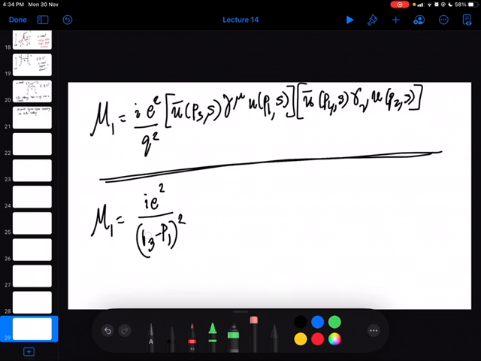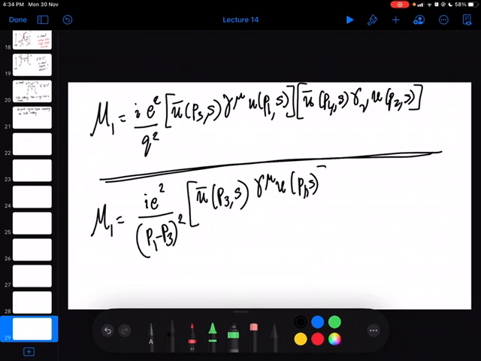Actually we'll see that in higher order perturbation theory. It's p1 minus p3 whole square, and it doesn't matter whether it's p1 minus p3 or p3 minus p4, then gamma mu u of p1 s, u bar of p4 s gamma nu u of p2 s.